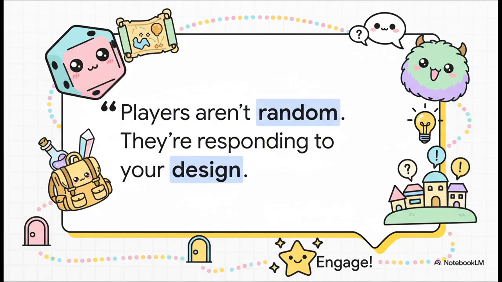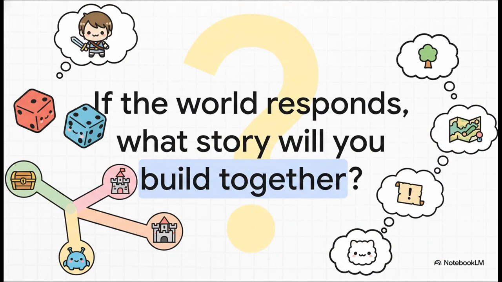When players go off the rails, it's usually because they're looking for a more interesting track to follow. If you design compelling situations, you will get compelling engagement. It's that simple. So stop trying to make players follow your path. Instead, build a world that responds to theirs. Because the story you create together will always, always be more epic, more surprising, and more meaningful than any story you could have ever written all by yourself.